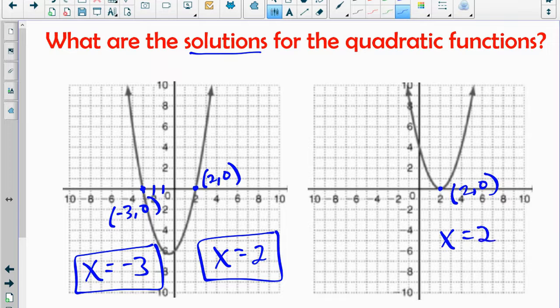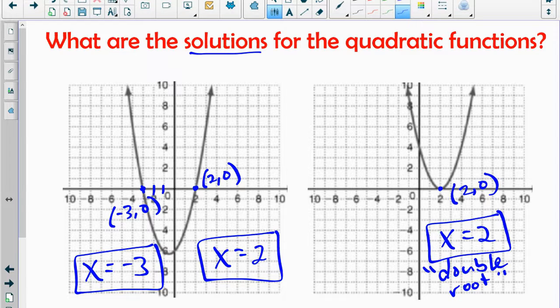So my one and only solution is actually just x equals 2. Now when this happens, because quadratic equations will always have two solutions, this single solution counts for double. I don't double the 2, but it's what we call a double root. It's like a double solution when it only touches the x-axis at one point.